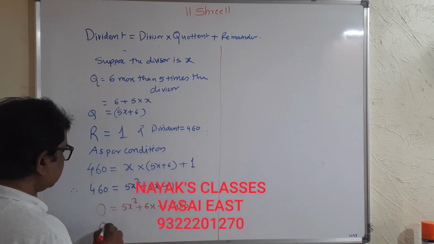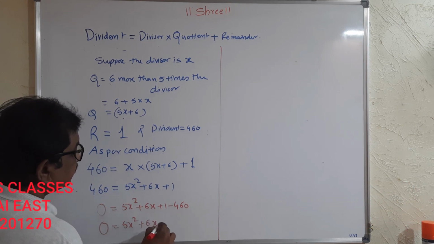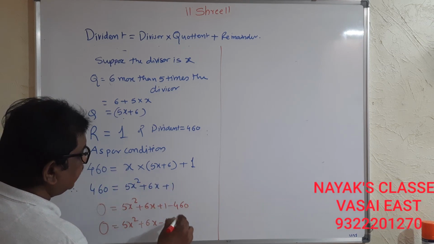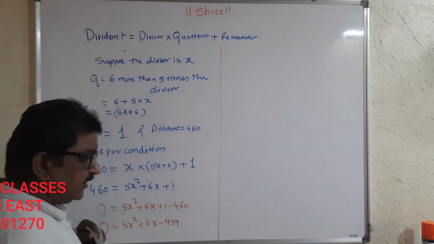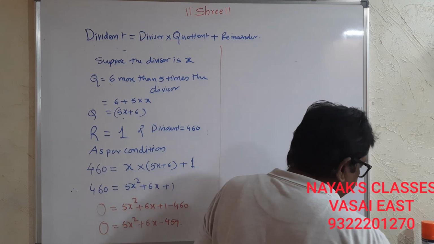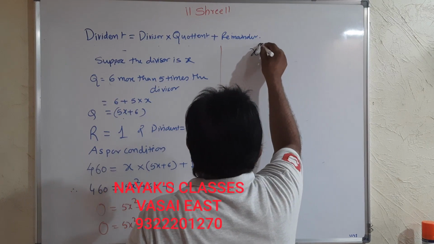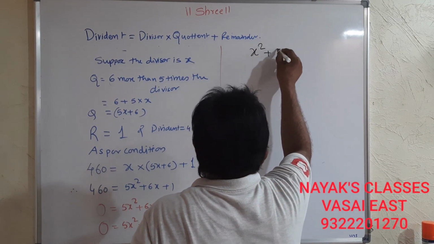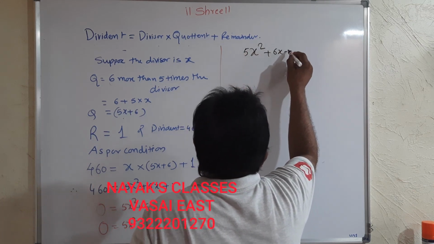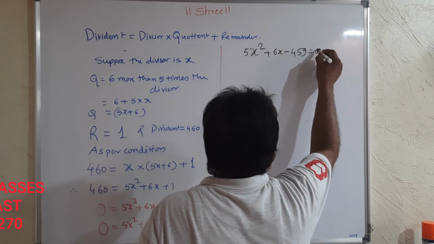So the final is 5x square plus 6x minus 459 is equal to 0.